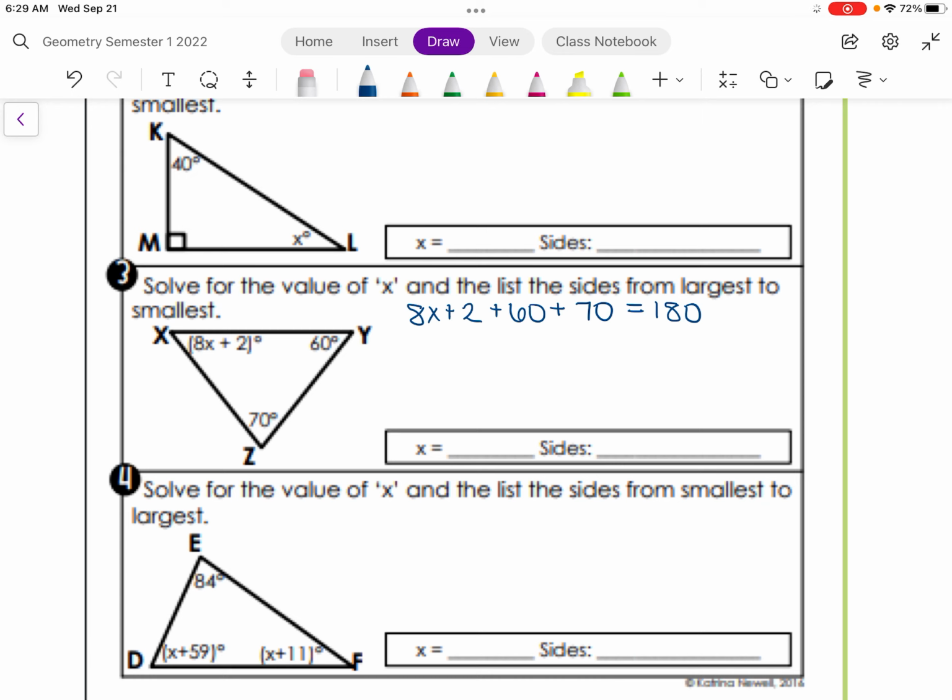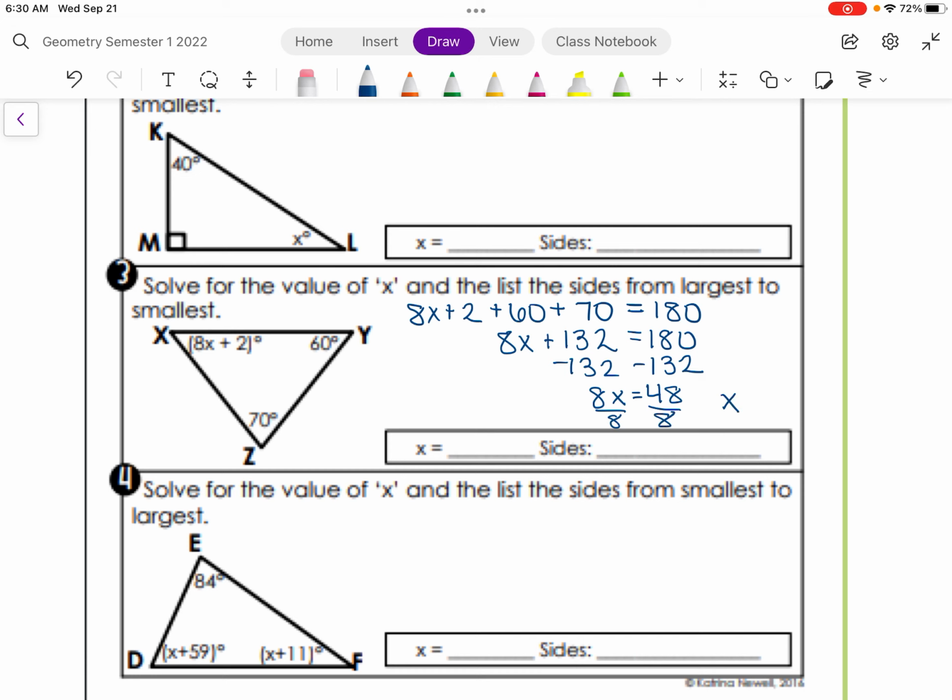Combine my like terms. So what is 2 plus 60 plus 70? That's 132. Subtract 132 from both sides. And divide by 8.